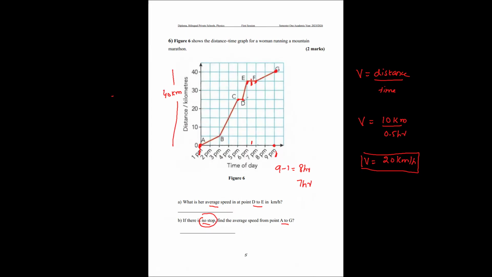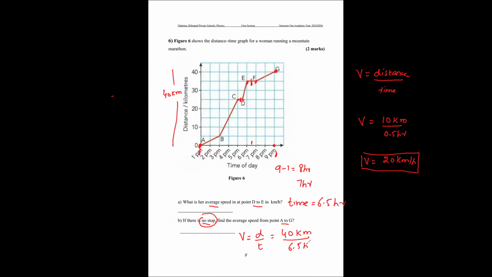All right. And 30 minutes is here from C to D. Okay. So we have to remove 0.5 hours. So total time is now 6.5 hour. Now we have to find the speed. So the speed is V is equal to distance per unit time. So distance is actually 40 kilometer and time is actually 6.5 hour.